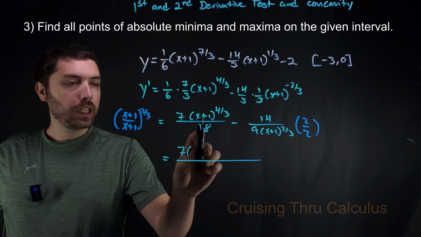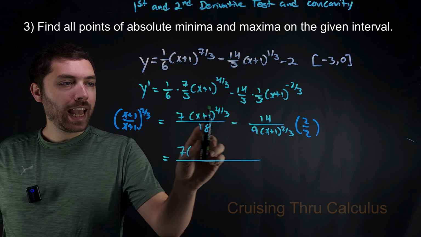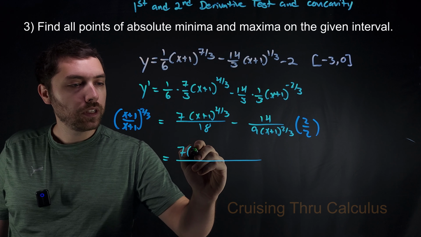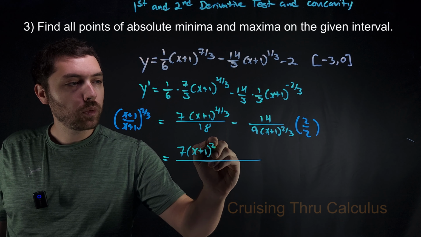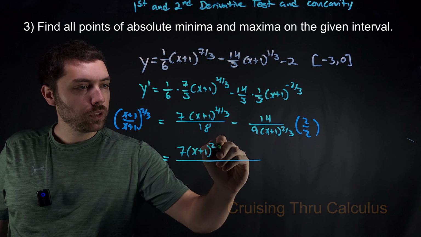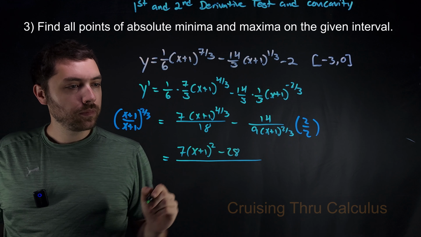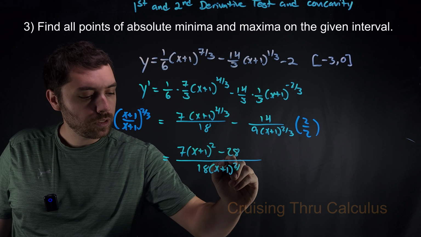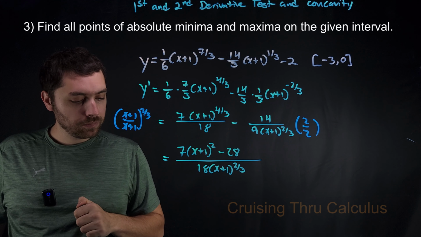Well, since x plus 1 and x plus 1 have the same base, I just need to add the exponents. 2/3 plus 4/3 is 6/3, and 6/3 is just squared. Over here we have 14 times 2, which is 28. And in the denominator, we should have 18 times (x plus 1) to the 2/3, like this.